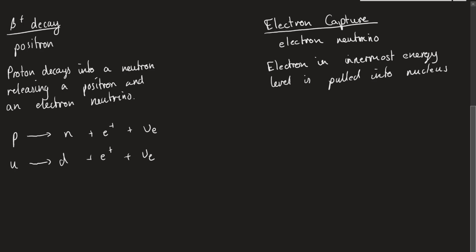So the electron in the innermost energy level is pulled into the nucleus and combines, or is absorbed into the proton even, to form a neutron and release an electron neutrino.